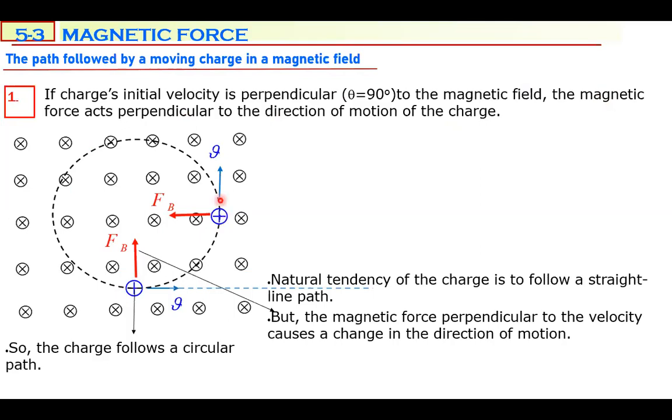For that reason, this particle will start following a circular path, because this magnetic force acts as a centripetal force. It is asked many times, several times. If a charge moves perpendicular to the magnetic field, the particle moves on a circular path, and the magnetic force acts as a centripetal force for this charged particle.